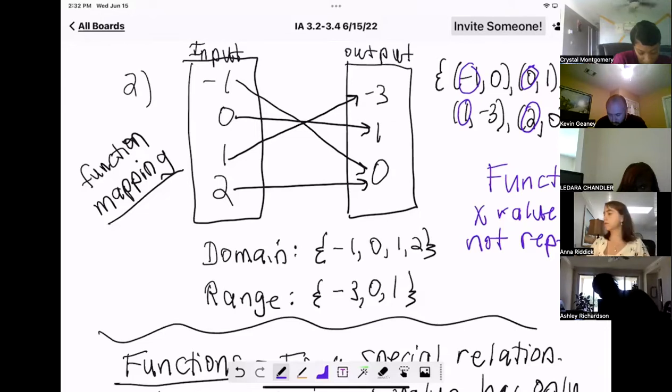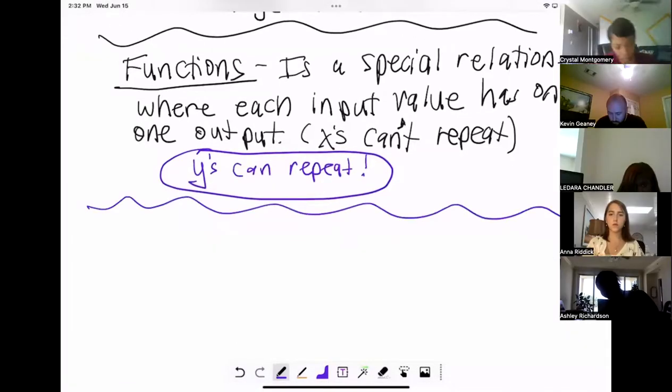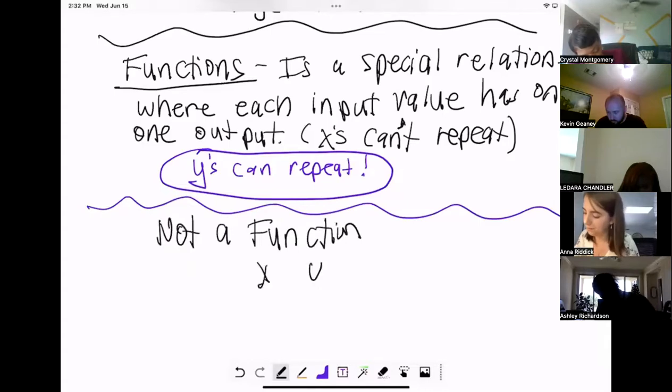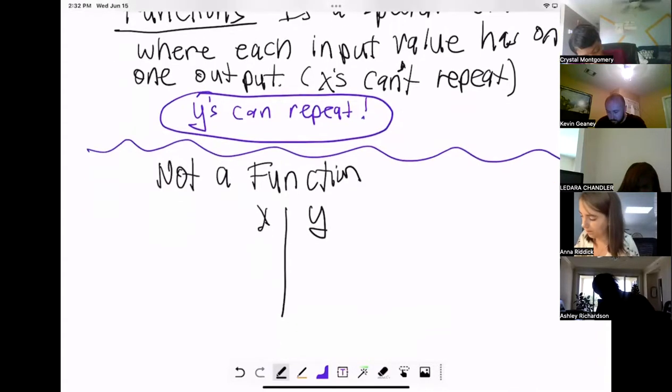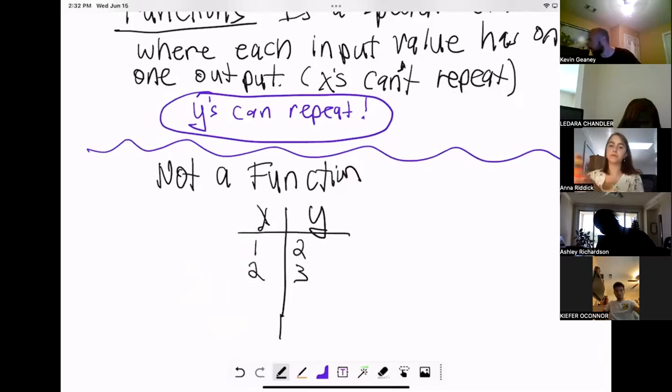Let me show you one that's not a function so you get an idea what a not a function is. I'm going to scroll back down. Okay, this is not a function. Say I have an XY table. Another way you can show ordered pairs, XY table. And I have 1, 2, 2, 3, 4, 5, 1, 6.